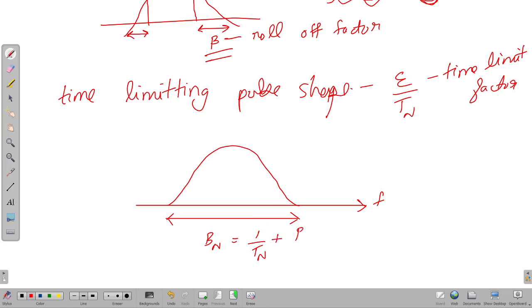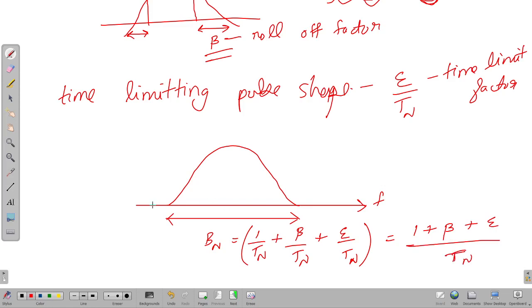Also there is this beta by Tn, which is the roll-off factor. You have epsilon by Tn, which is the time limit factor. So that is 1 plus beta plus epsilon divided by Tn. That is the bandwidth of one subcarrier.